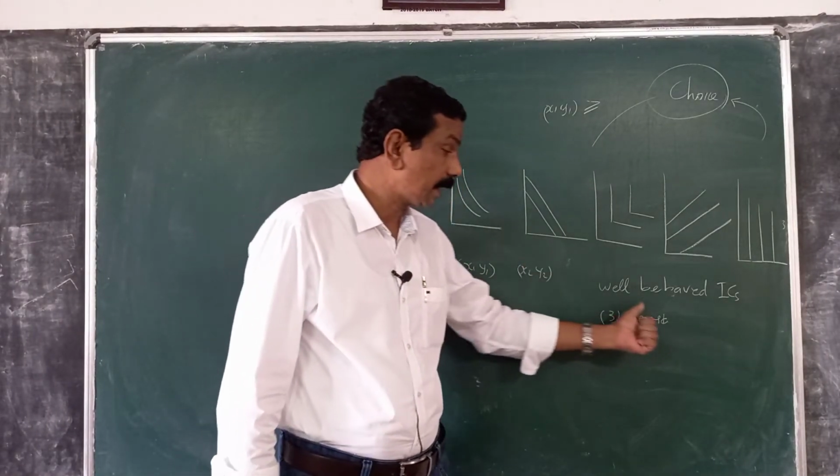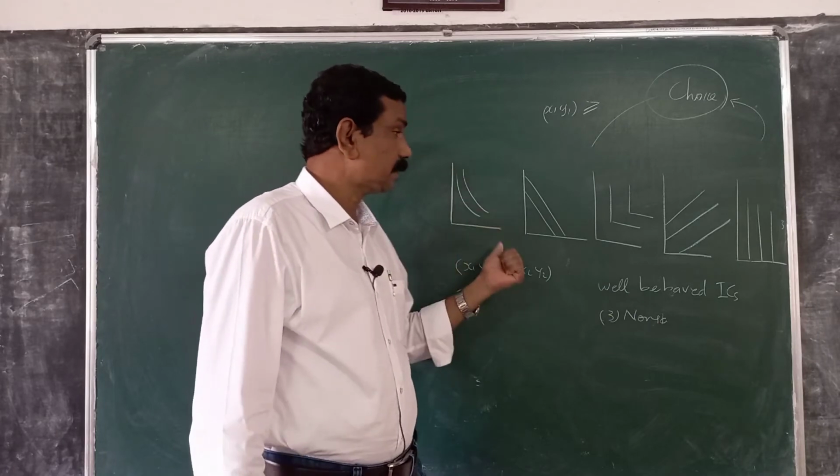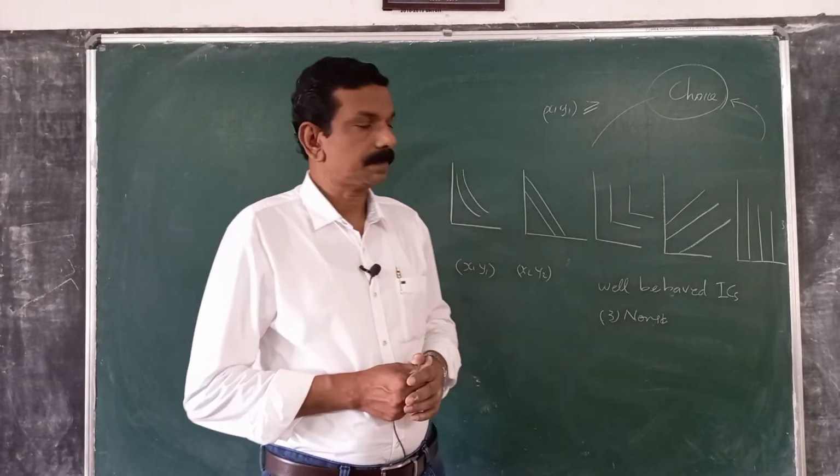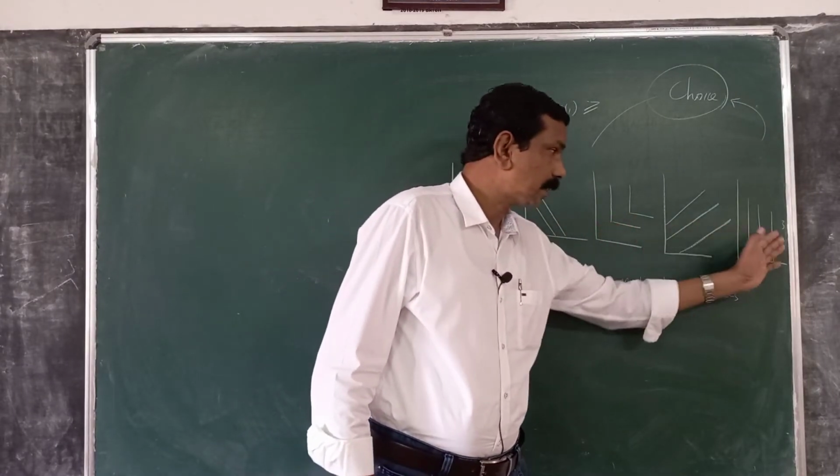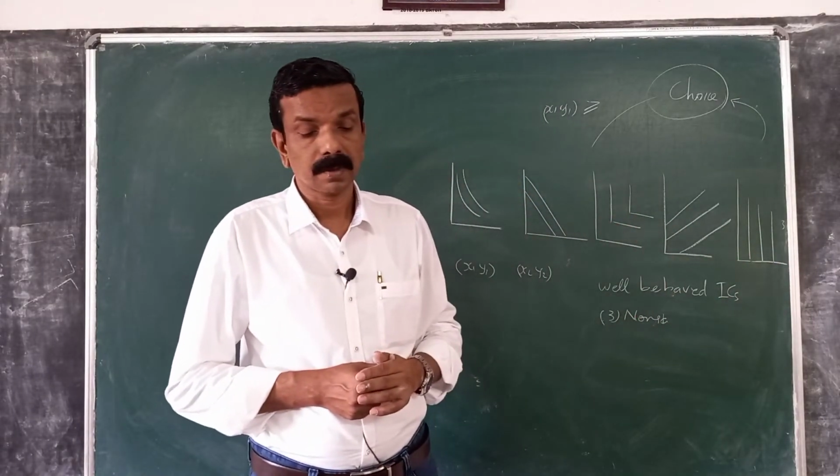This axiom guarantees that the indifference curve is negatively sloped. This is the case. These are not cases of negative slope.